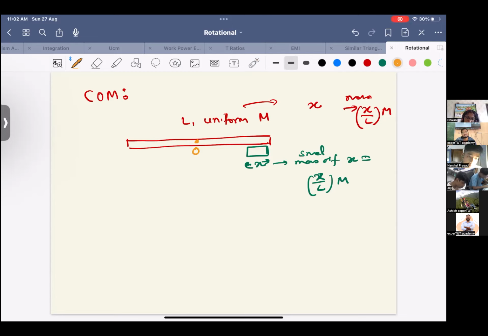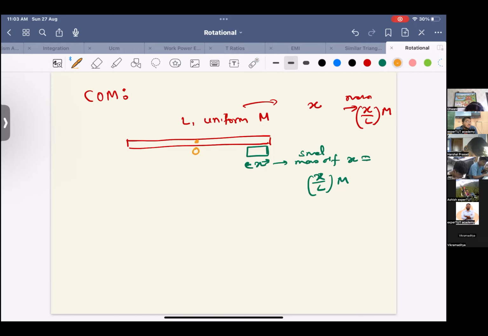What is the point object of mass M, capital M, situated at O. Can you repeat the statement? The center of mass means that point at which the entire mass of the rod can be thought to exist. So it's a point O.